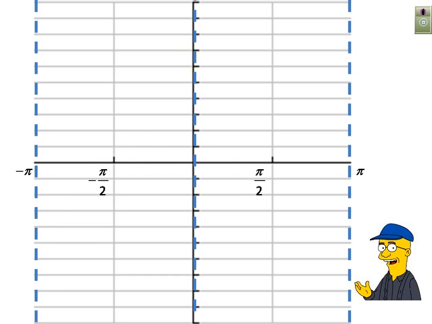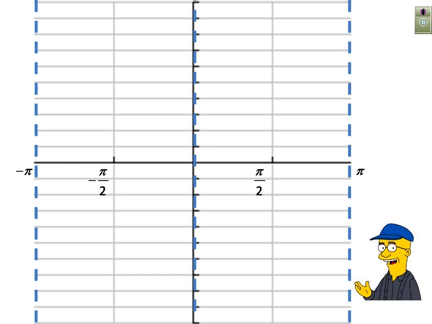Well, notice that between negative pi over 2 and negative pi, we're in the third quadrant. And in that quadrant, both sine and cosine are negative. So cotangent will be positive, since it's the ratio.